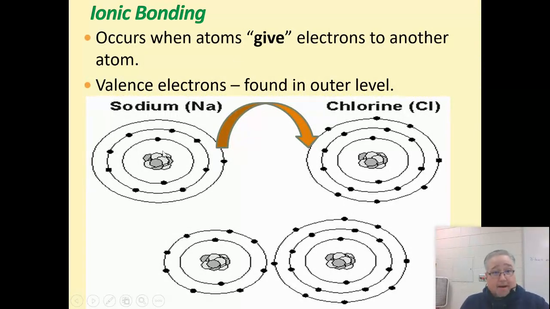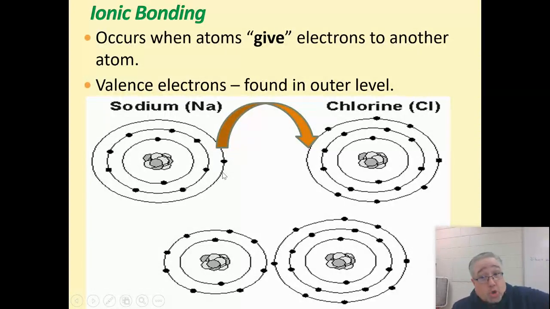So sodium here, seeing that there's only one electron in its outermost level, is not a very happy atom right now. It wants to do anything that it can to get rid of that one electron. Now, it could gain 7, I guess, right? If it gains 7, then that whole outer level would be full.